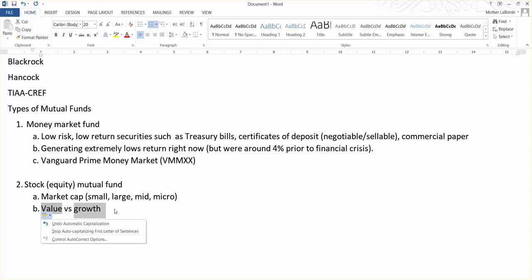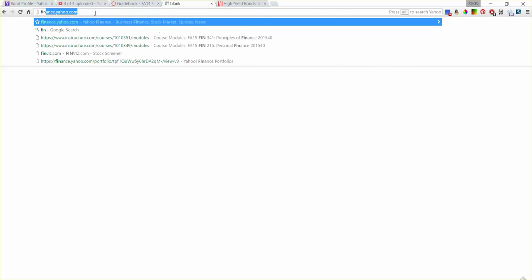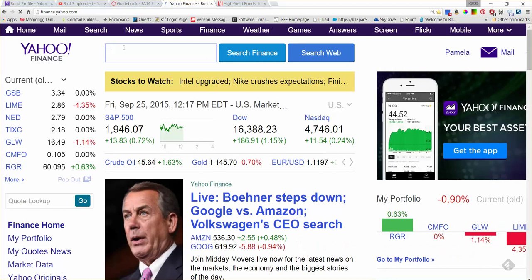A value company is a company whose stock may have been beaten down by the market because one negative thing happened. Now, here's a good example, and I'm not saying I think this one is a value stock, but it's something that happened recently. And I haven't really looked at this company enough to research it and tell you whether I think for sure this is a value company.